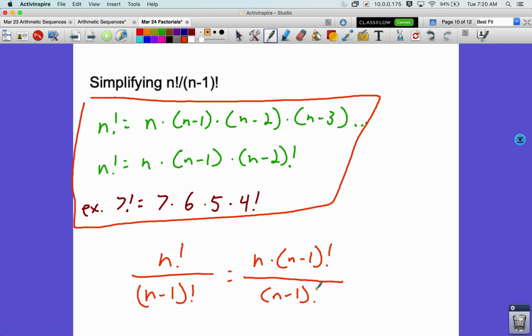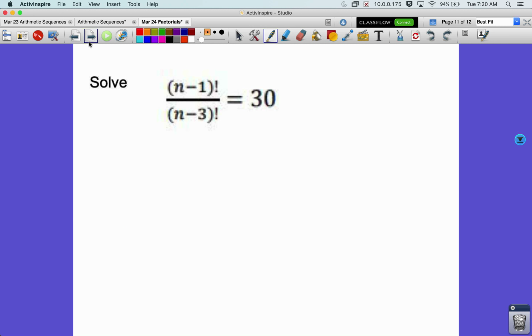But once I just move it one time, I see that I can do a big bit of canceling. The n minus 1 factorials can cancel out. And I'm left with just n. So n factorial over n minus 1 factorial will always be equal to n, regardless of what n is equal to. n just has to be bigger than, I guess, 1 here, or bigger than 0, because if you plugged in a 0, you'd get negative 1 factorial, which is undefined.